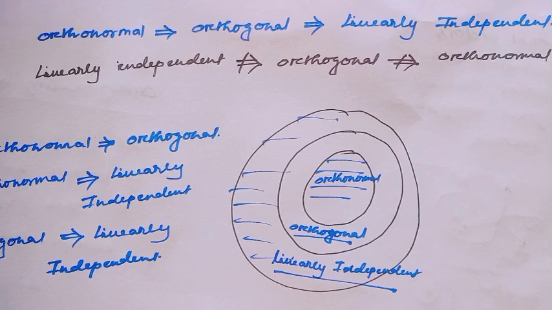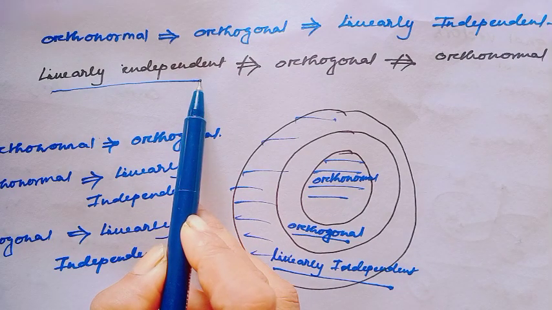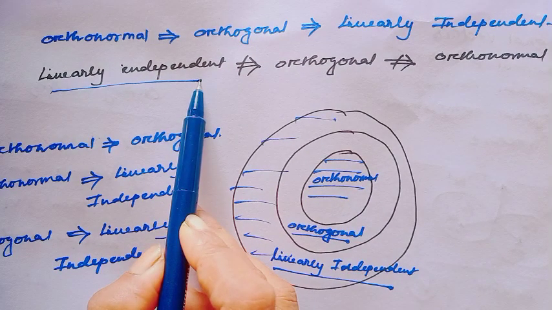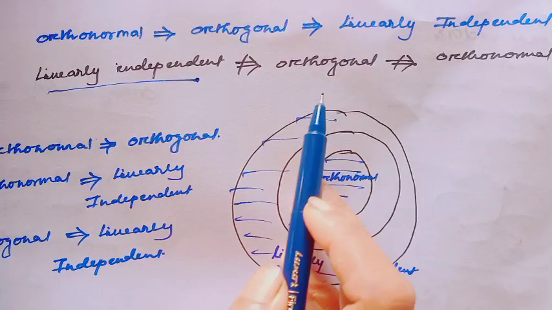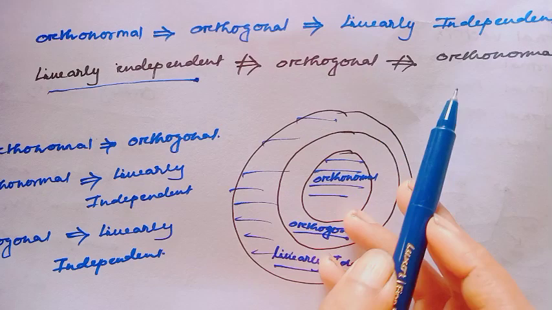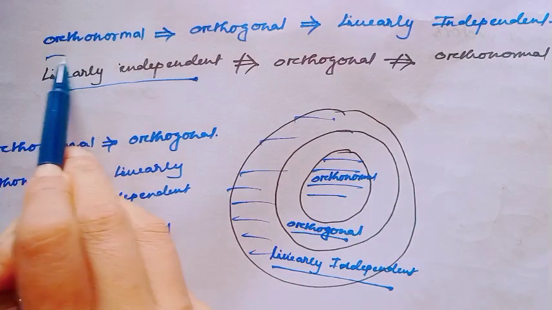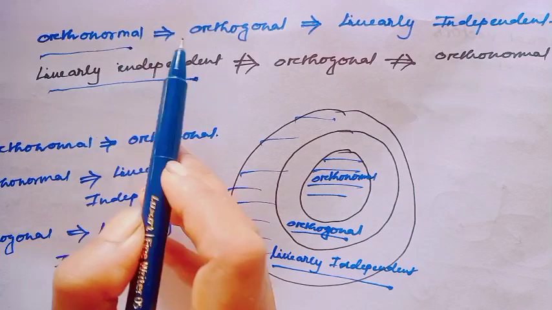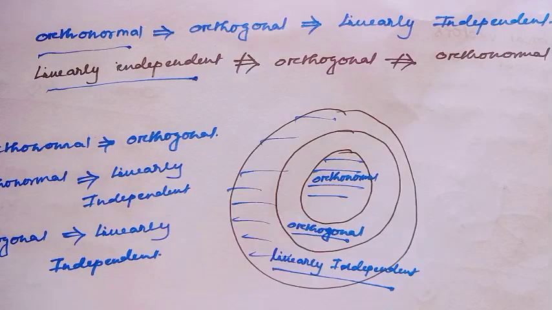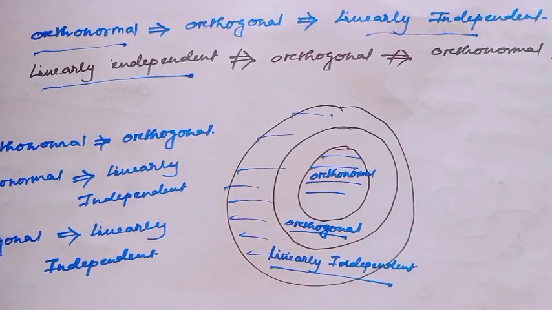If we collect all linearly independent sets of a vector space, that does not always imply these vectors are orthogonal, and also does not always imply these vectors are orthonormal. That means when the vectors are orthonormal or orthogonal, then obviously these vectors are linearly independent.